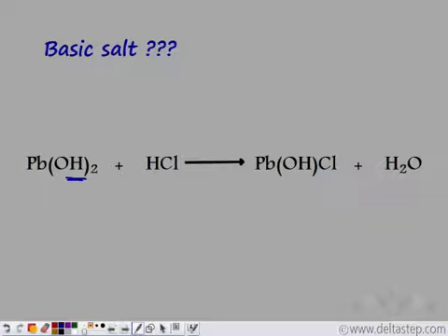That is, only one of the OH radicals is replaced by a Cl atom. So we get PbOHCl. So in the final salt, if we see the presence of OH radical, this salt is known as a basic salt. In an acid salt, there is a partial replacement of the hydrogen atom. In a basic salt, there is partial replacement of the OH radical.